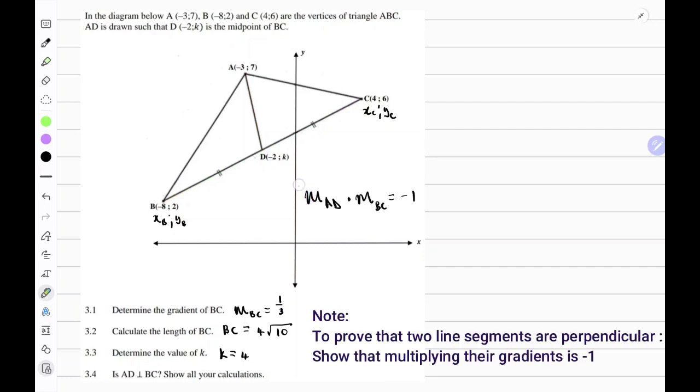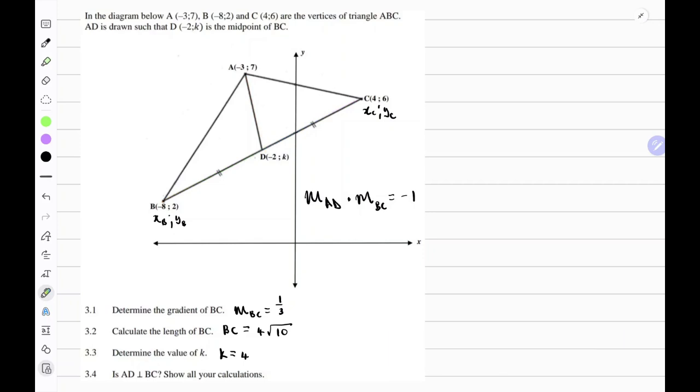That is, if the gradient of AD times the gradient of BC is equal to negative 1, then we can say that these two are perpendicular. We have the gradient of BC already to be 1/3, so all that we need to do is find the gradient of AD. So we can apply the gradient formula.